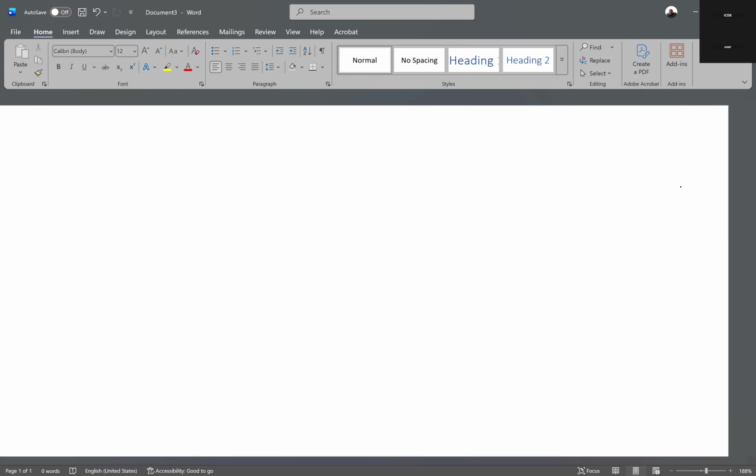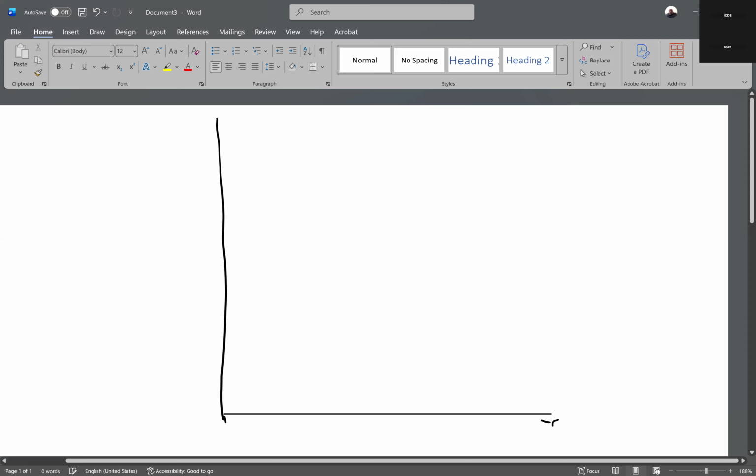So we are looking at monetary policy and a fixed exchange rate regime with what? Perfect capital mobility. So as usual, we draw our R and Y axis. This is Y, this is R. This is our IS, call it IS0.